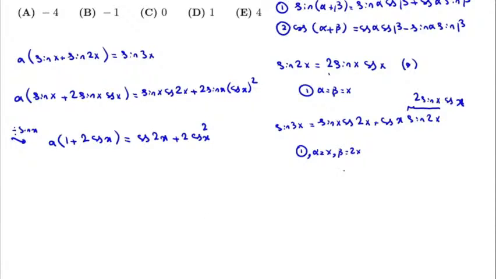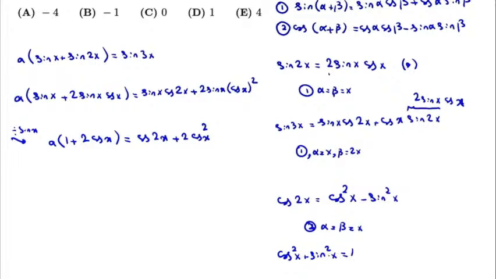Now, by this formula, I can say cos 2x, if we apply 2 with alpha equal to beta equal to x, is cos squared x minus sine squared x. Also, we know, it's so basic and famous, by the Pythagorean theorem, sine squared x plus cos squared x is 1.